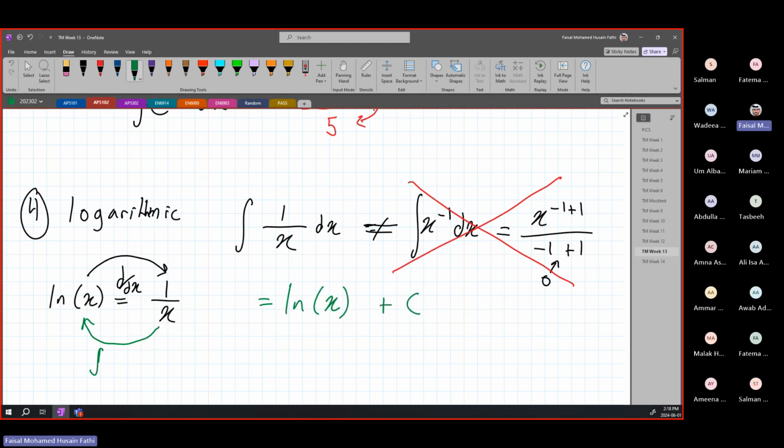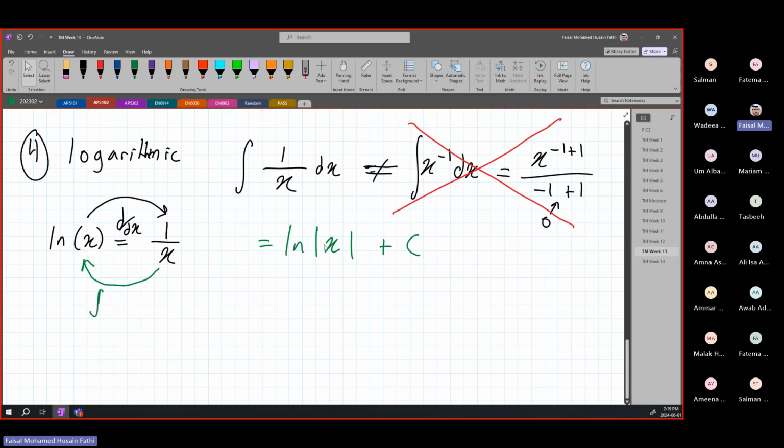This is actually the absolute value of x, but it's not that important. So instead of applying the general rule, when you have 1 over x in integration, it simply becomes ln of x.